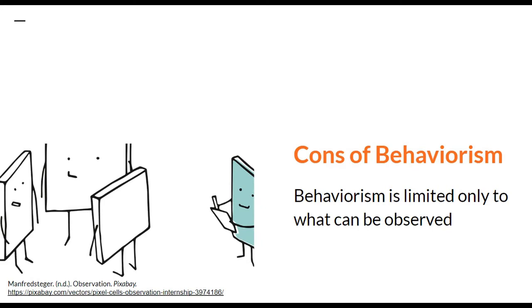We cannot observe analysis. We cannot see the connections and the correlations in the mind. We can't observe synthesis. We can't see the judgments, values, and appraisals a student makes mentally. And we can't observe evaluation because we can't see critiquing, assessing, and appraising taking place in the brain.